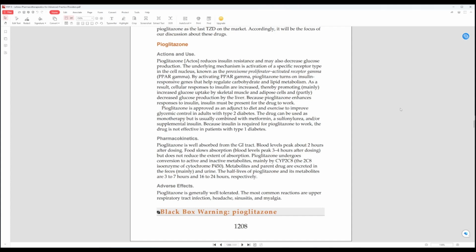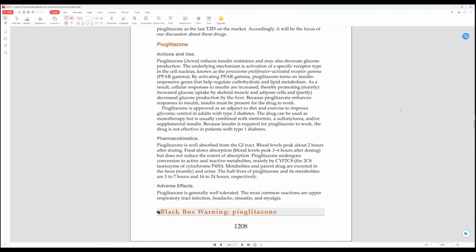Pioglitazone, its action and use, reduces insulin resistance and may also decrease glucose production. The underlying mechanism is activation of a specific receptor type in the nucleus, known as the peroxisome proliferator-activated receptor gamma, or PPAR gamma.